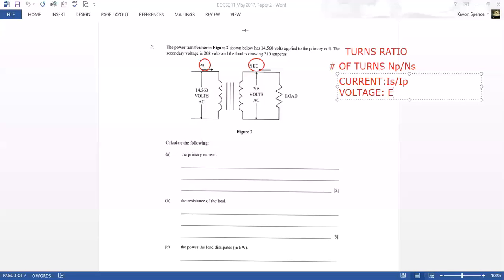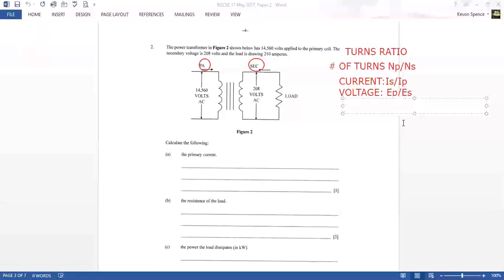So let's use EP over ES. Remembering that, we can work out anything that refers to a transformer.